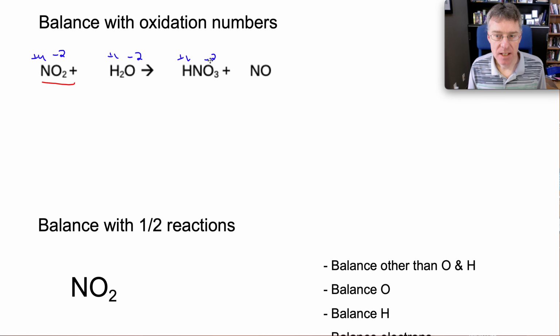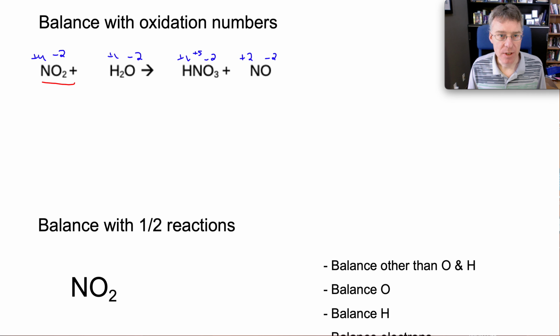So we've got -6 for the 3 O's, +1. So we need another +5 to get to +6 in total to balance the oxygen, and then -2 and +2. And the water is not changing oxidation states for the H or the O. This nitrogen is going up to +5 and down to +2.